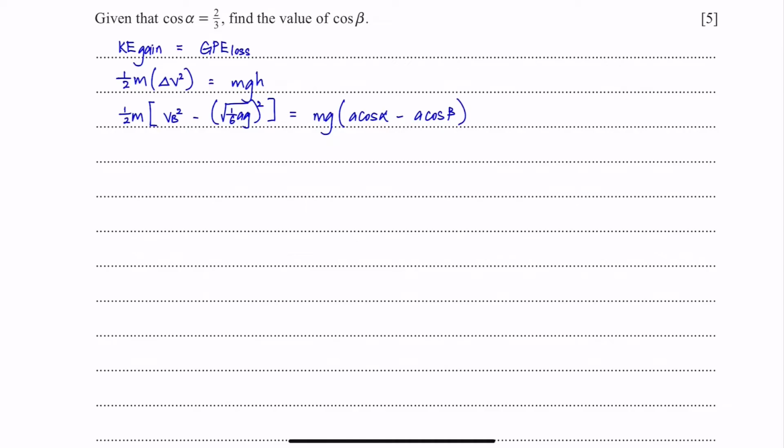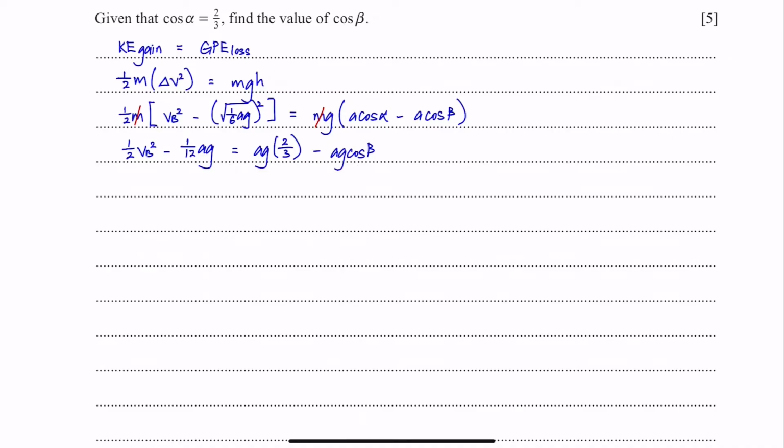So now we can simplify the equation. We can cancel off the m, and now we will have half of vb squared minus 1 over 12 ag equal to ag times 2 over 3, since cos alpha is 2 over 3 as given here, minus ag cos beta.